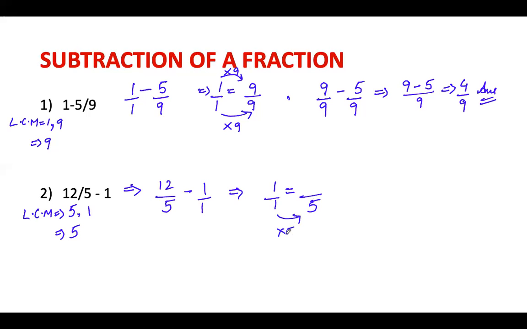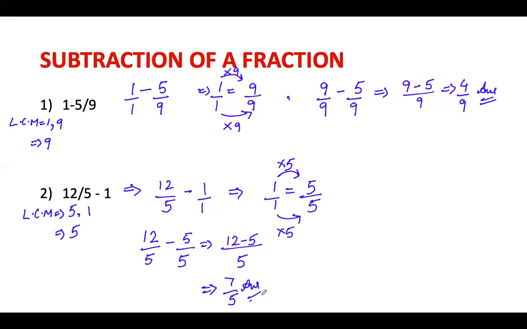By multiplying by 5, and we multiply both the numerator and the denominator by 5, right? So we get 5/5. Now we can subtract: 12 subtract 5 over 5, the denominator remains the same. So what we get is 7/5. This is your answer.